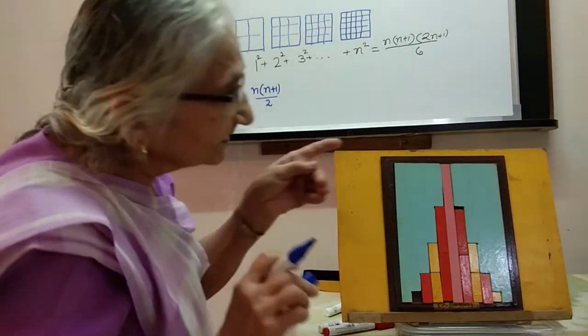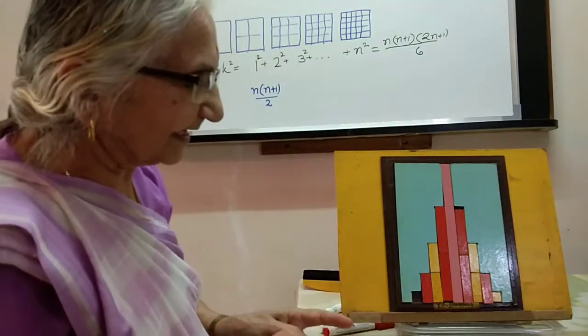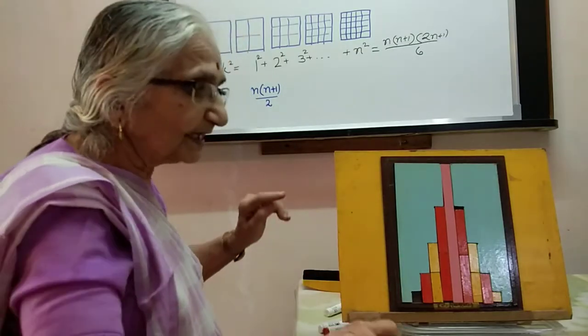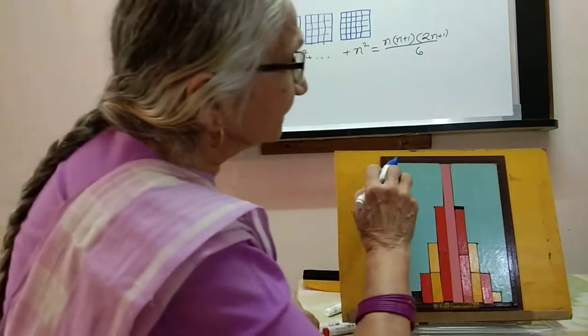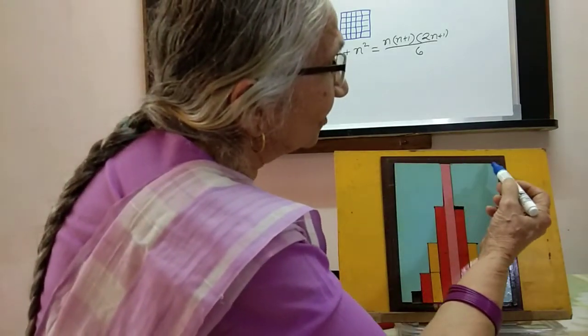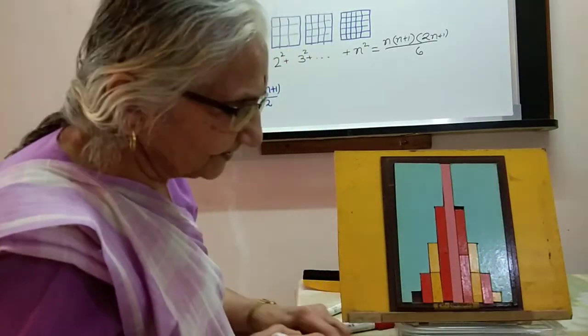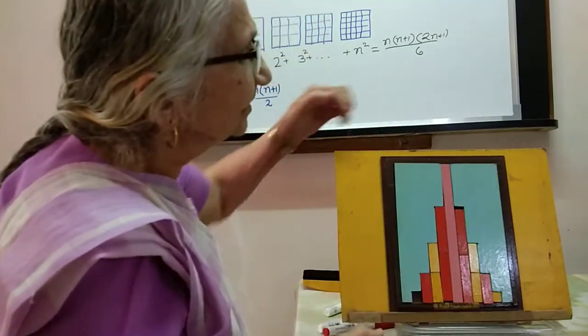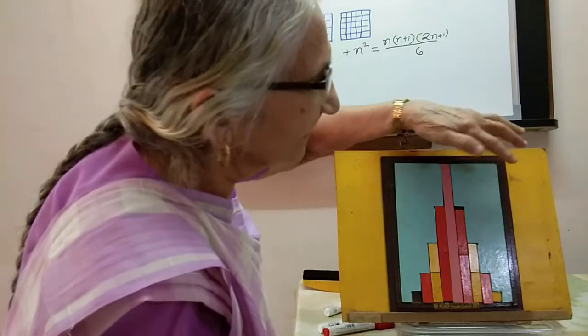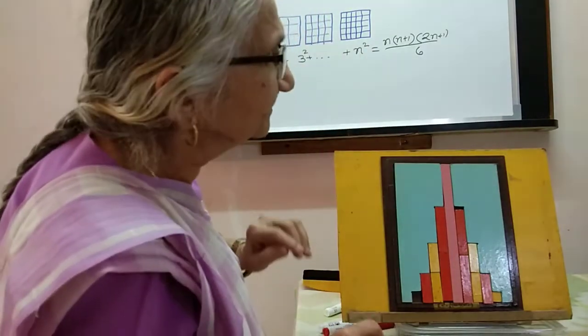Now remember, this is the length of this side of the rectangle. Now the other one, this side, this is n. This is also n, and as you can see that this was our 1 unit, this is also 1 unit. So this length we have taken in the rectangle as 2n plus 1.